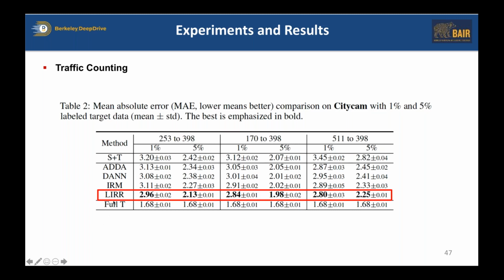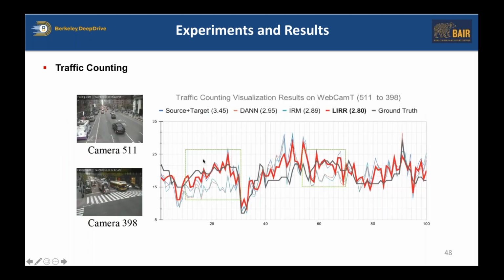You can see here with our model, we can also achieve better performance consistently with different labeled percentages compared with the baseline methods. Here are some visualizations. We can see that we can have better estimation of the traffic counting over different frames compared with the baseline methods.